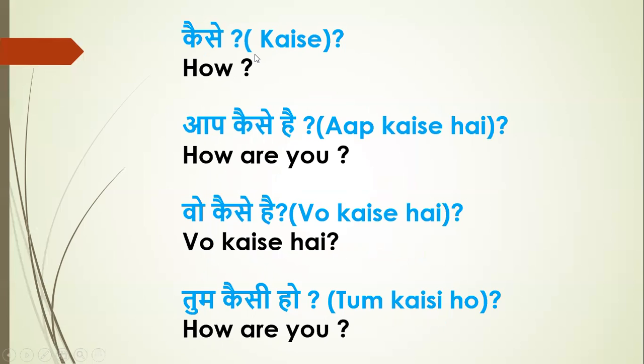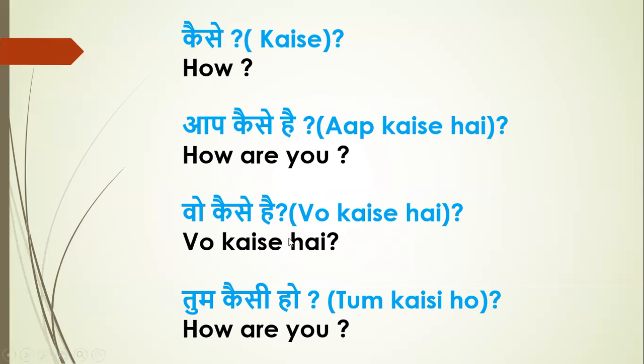Now, the next questionary is कैसे. कैसे means how. Reason. You have to give a reason, right? For example, आप कैसे हैं? मैं ठीक हूँ. How are you? मैं ठीक हूँ. So आप कैसे हैं means how are you? मैं ठीक हूँ. Why? Because I don't have any disease or I'm not sad, so I'm fine, right? वो कैसे है means how is he or she.